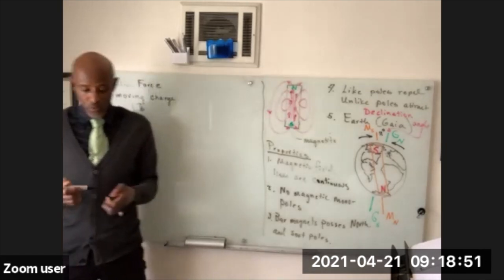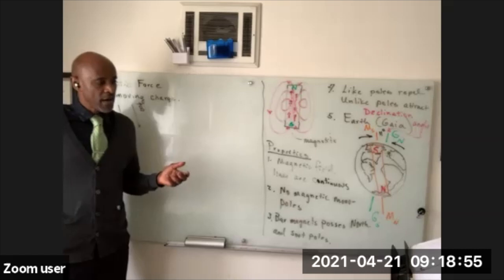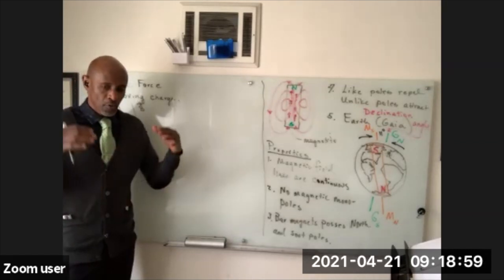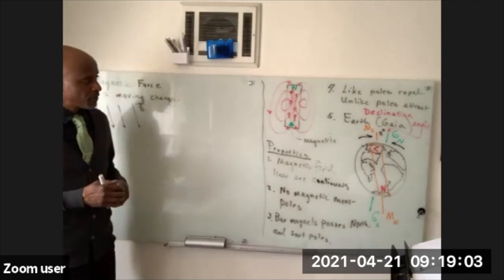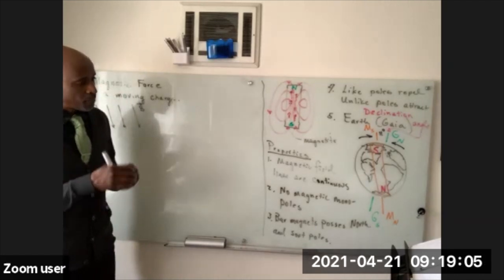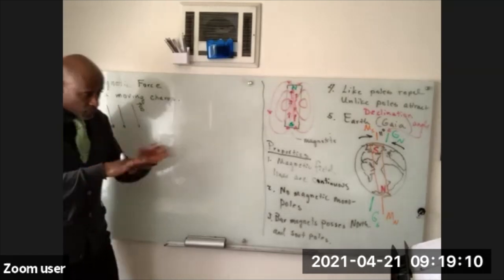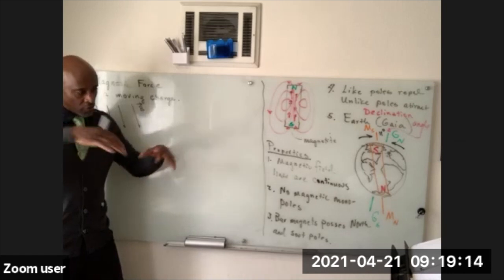And things like the aurora borealis are created by the fact that the magnetic fields at the north and south pole are not only stronger, but changing more rapidly per unit volume of space, because they're curving more in order to go into the Earth.